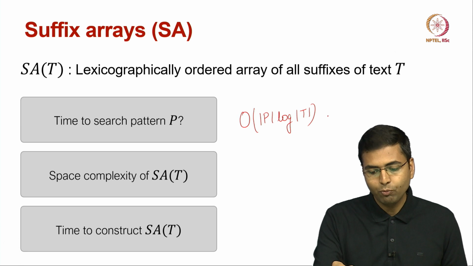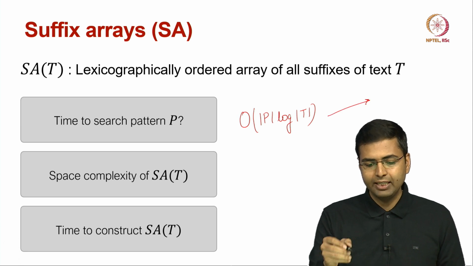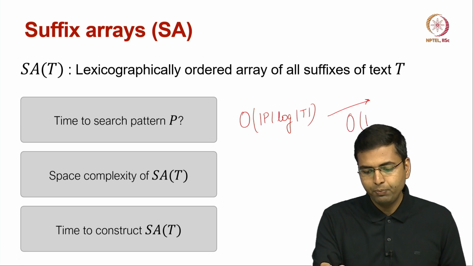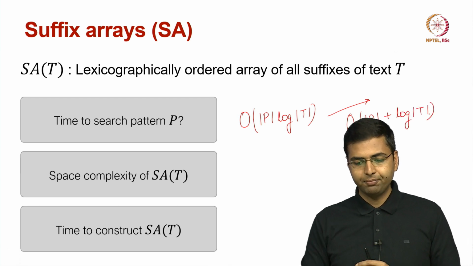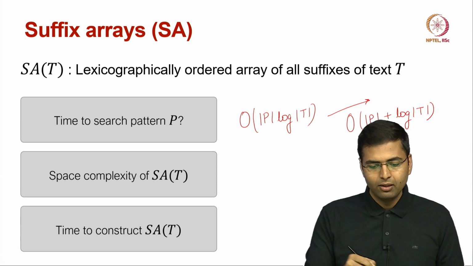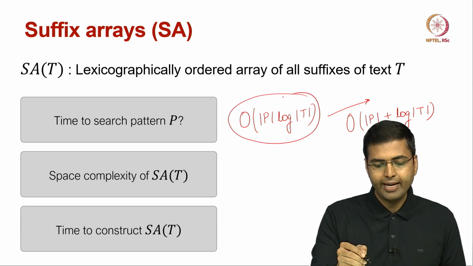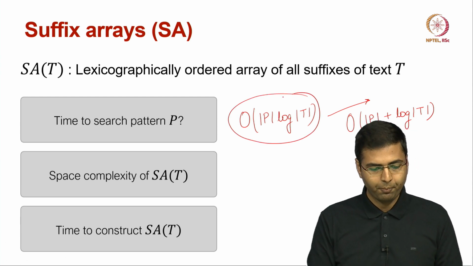With a more sophisticated algorithm, it is possible to improve this to P plus log T, but that is outside the syllabus. So, we are not going to discuss that. For us we will take the time complexity as P log T.